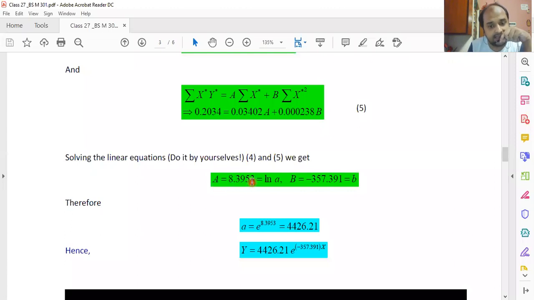But the parameter small a has not yet been obtained, because we have obtained capital A from the equation. Capital A is the natural logarithm of small a, so small a becomes the exponent of 8.3953, which is 4426.21.